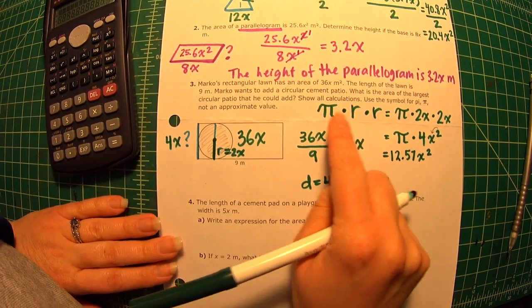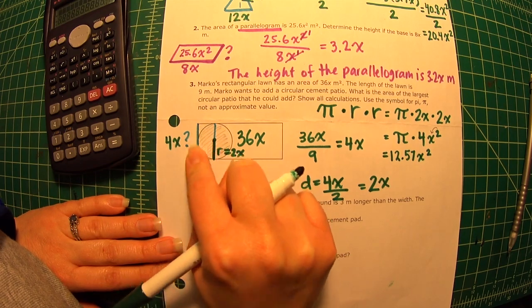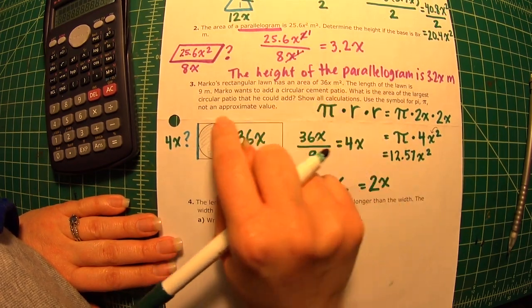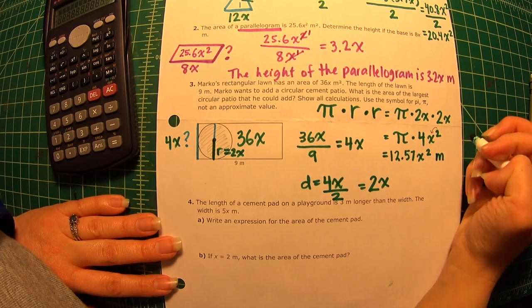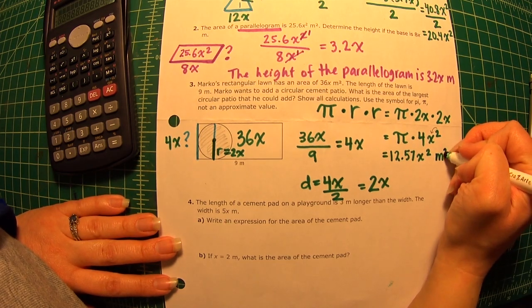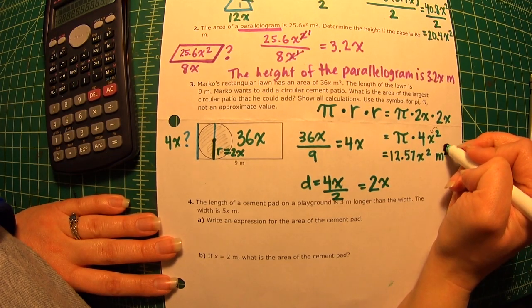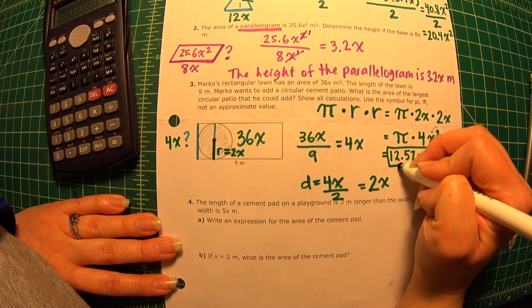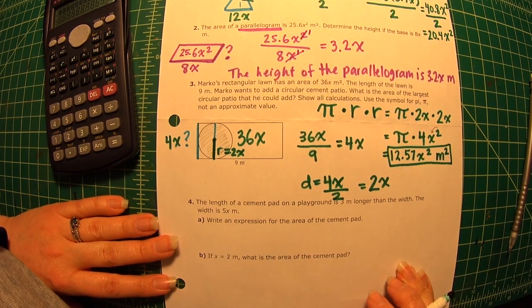If I think of what it's actually asking, it was looking for the area of this circle, and all of my units were in meters. So my final answer is in meters squared, because we're talking about area. So the area of the circular patio would be 12.57x squared meters squared.